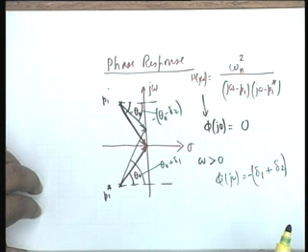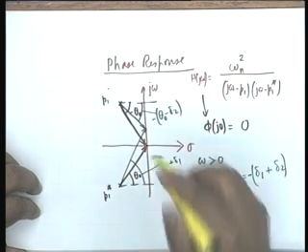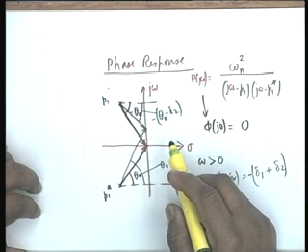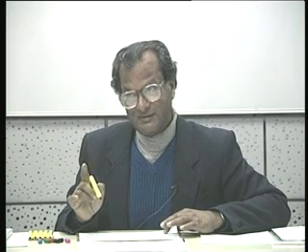Sir, you are saying that it will become close to pi by 2. So it will depend upon alpha and beta. Correct. So what I am saying is, if beta is much larger than alpha, a high Q situation, it will be close to pi by 2. Not quite pi by 2, it will be less than pi by 2. Minus pi by 2, not plus. The angle is still negative. Why?